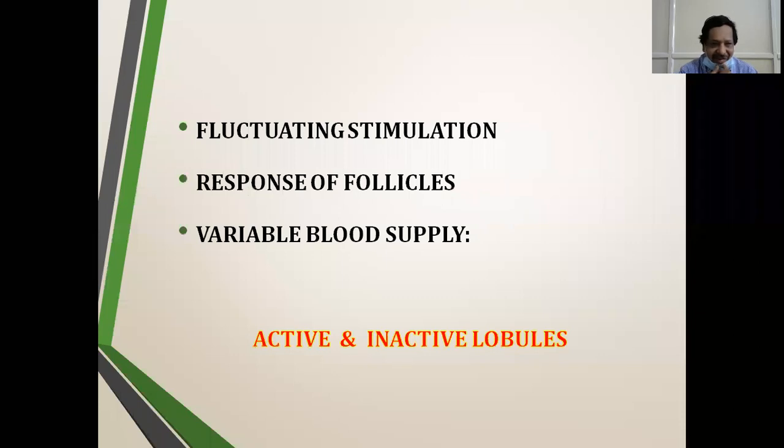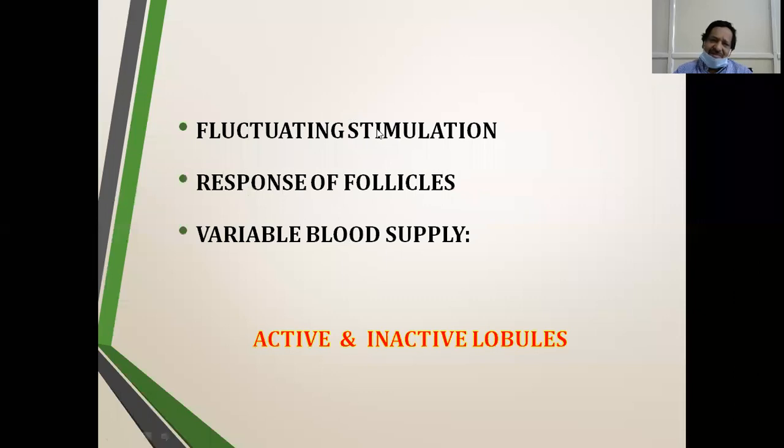Now there is a fluctuating stimulation. Sometimes more, sometimes less. And even the response of follicles changes, it varies. One day it responds, the other day it doesn't respond. And there is a variable blood supply. These three important factors.